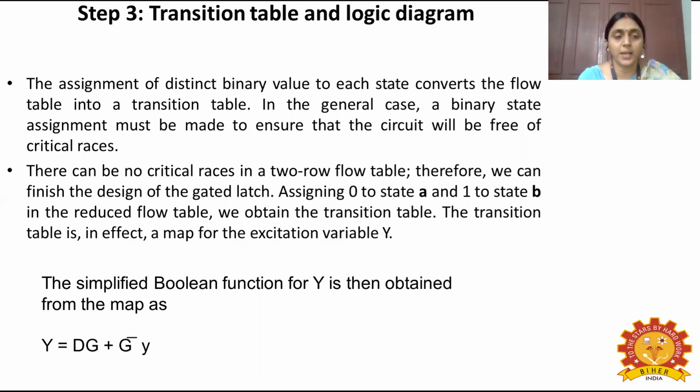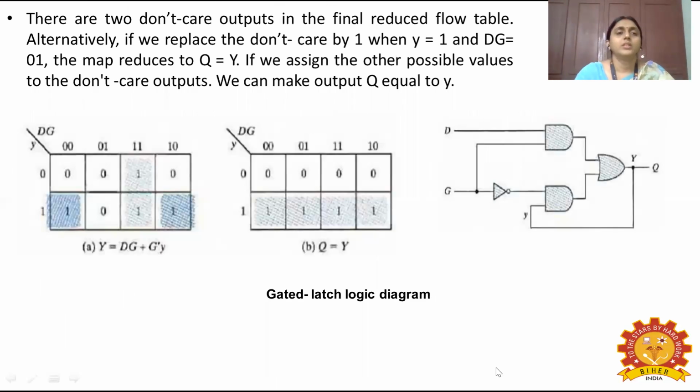The transition table is, in effect, a map for the excitation variable y, and the simplified Boolean function for y is then obtained from the map as y = dg + g'y. There are 2 don't care outputs in the final reduced flow table.